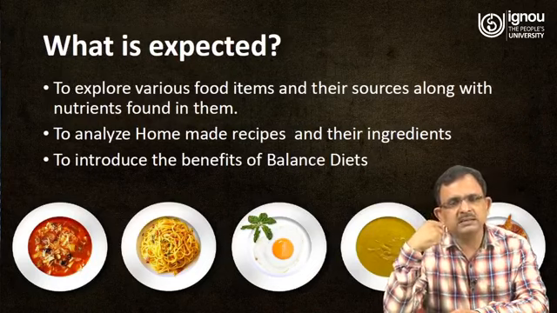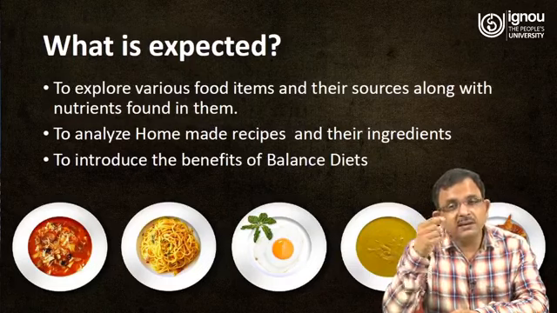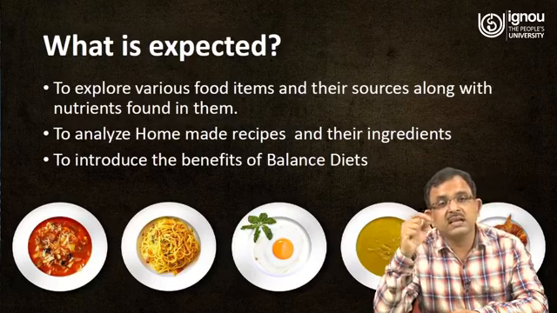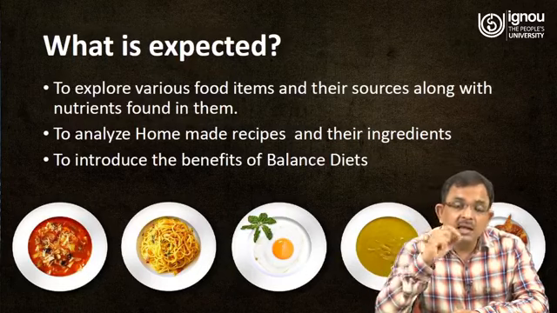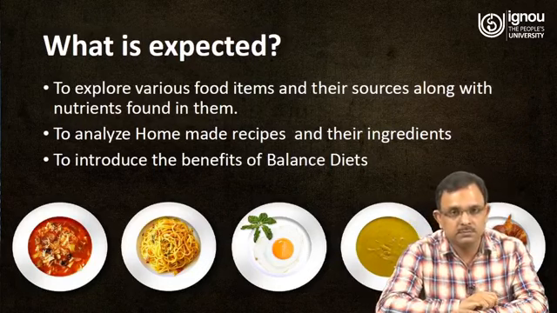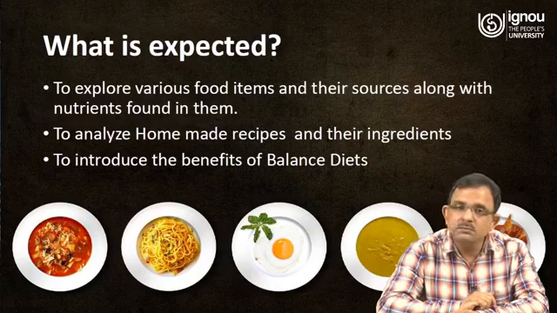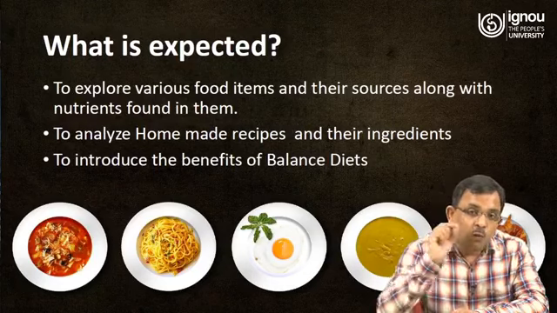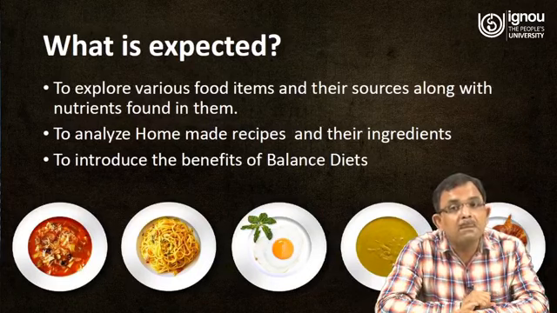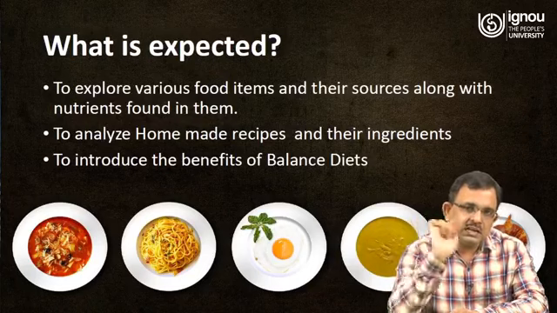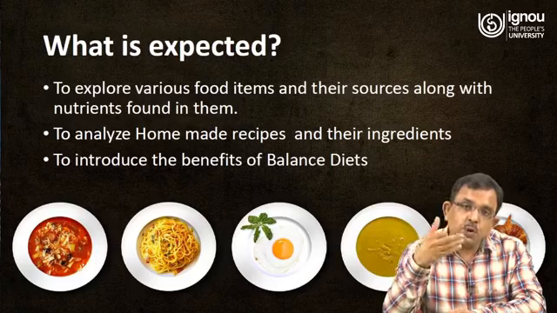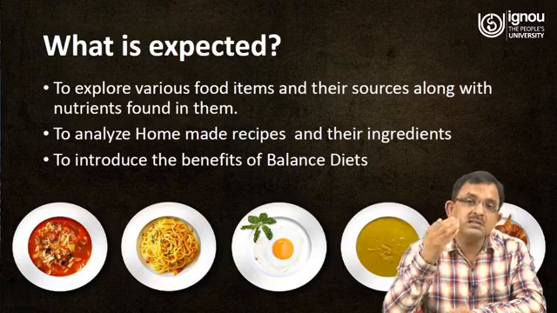Let them come to a conclusion on their own on whether the food they take at breakfast, lunch or dinner is able to fulfill their requirements of different nutrients or not. If not, then what is required? Here you can introduce the concept and benefits of a balanced diet. So, you need to link each and every content with each other, and try to explore more and more from the learner's experiences.